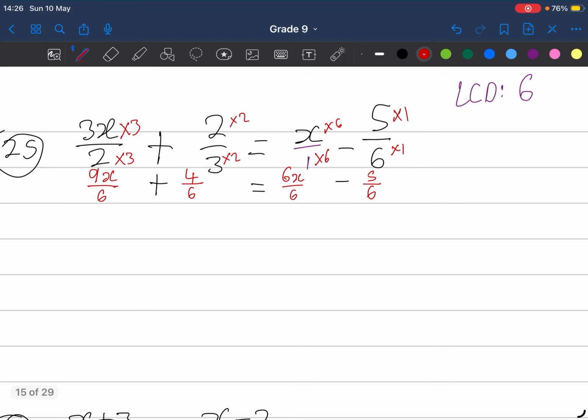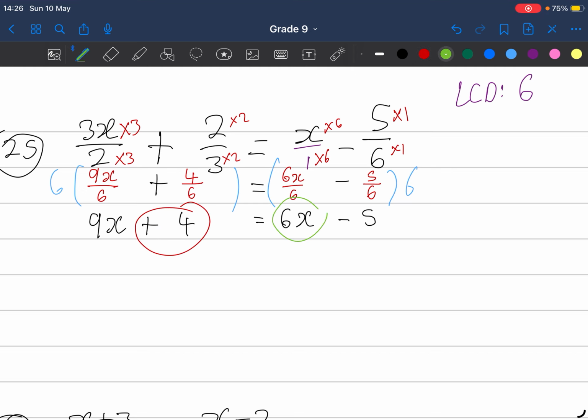Then, as we did before, we eliminate the denominator just by showing we're multiplying both sides by the denominator, and we'll be left with the numerator. So 9x plus 4 is equal to 6x minus 5. Then we spot our anomalies and we sort those out as usual. So this is common at this point.